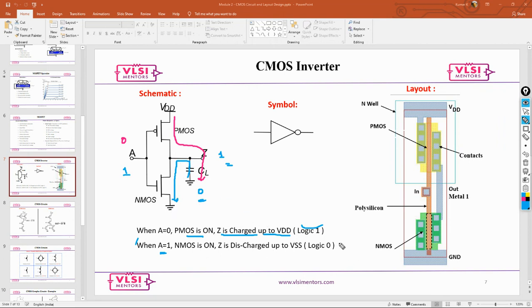That is what we call logic 0. This is the transistor-based schematic for the inverter, and this is what we call a gate symbol.